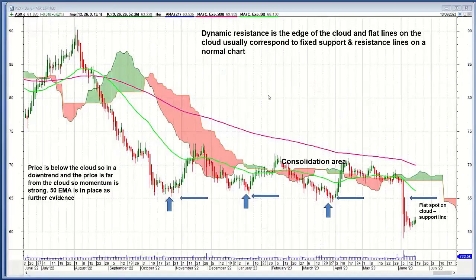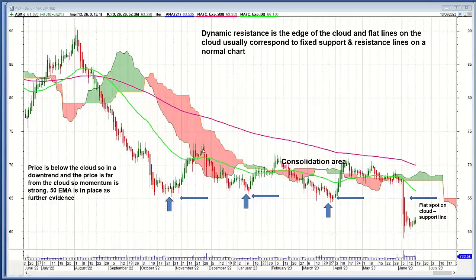Okay, so just again reiterating, momentum strength, further from the cloud, more momentum is in there. And you'll notice that as the momentum increases, the cloud heads in the same direction. So we've got a teardrop cloud, we've got strong momentum, the cloud showing strong momentum, price is way away. As the momentum weakens, there's some consolidation here.